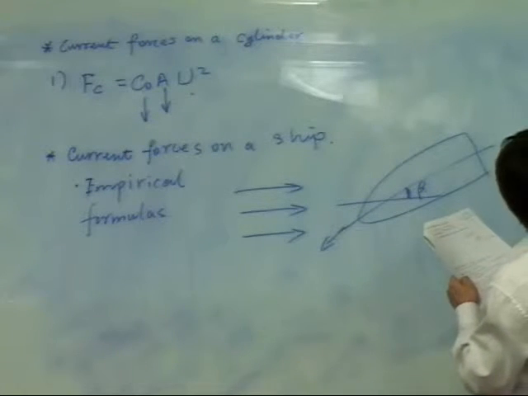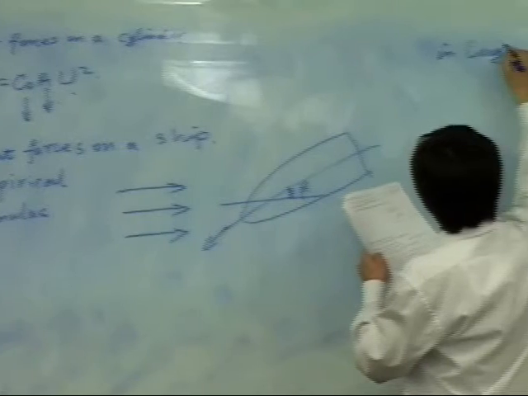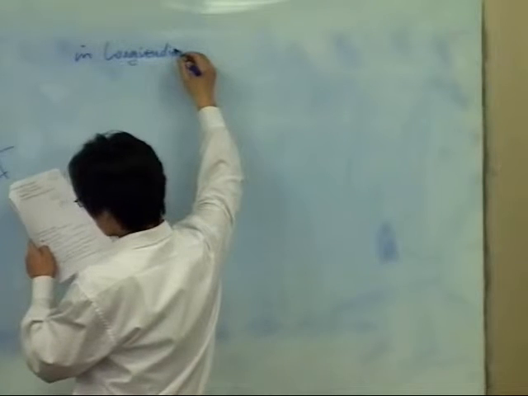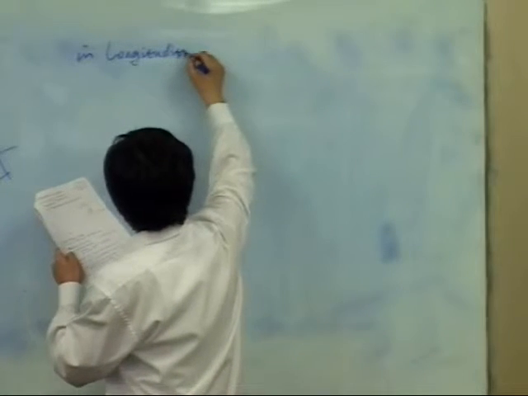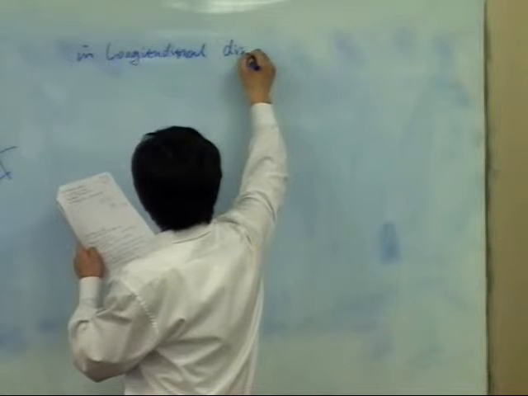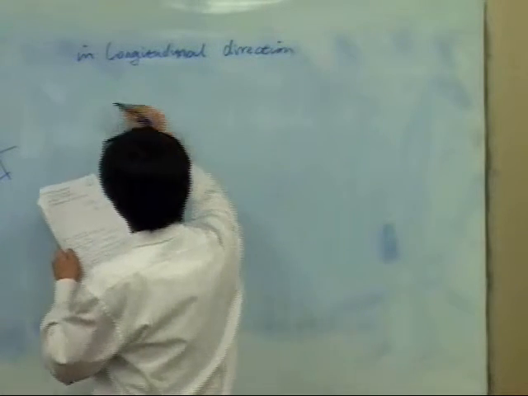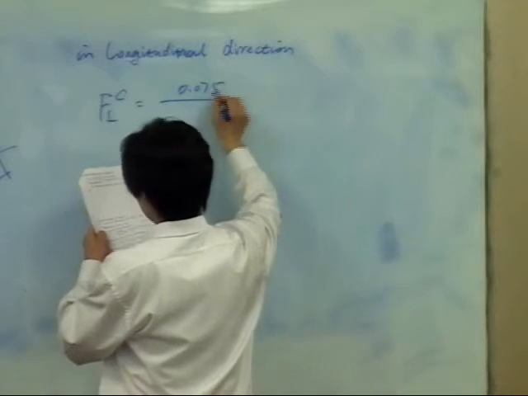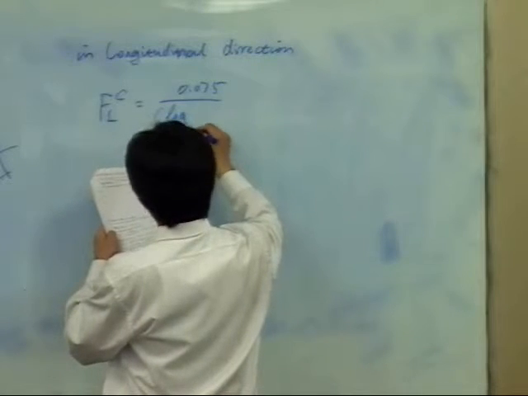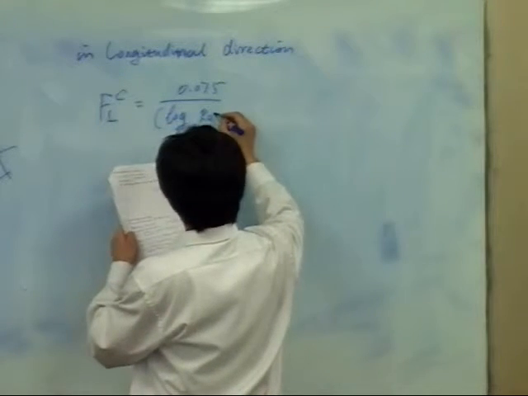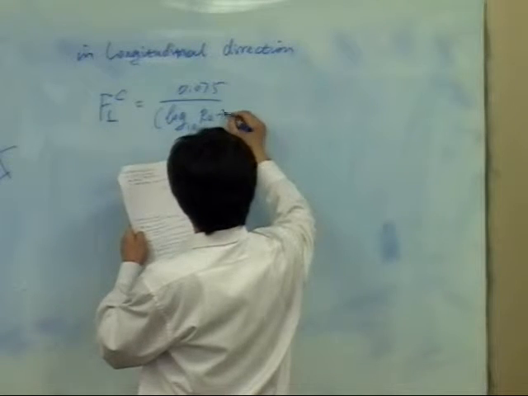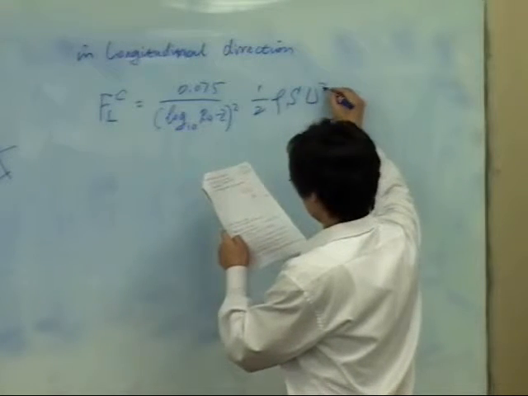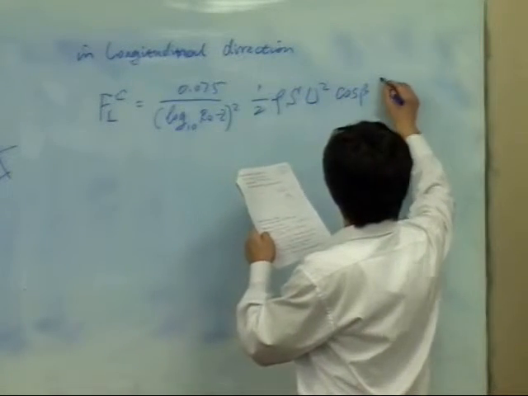So in the longitudinal direction, we typically use this formula: Reynolds number, rho S U squared cosine.